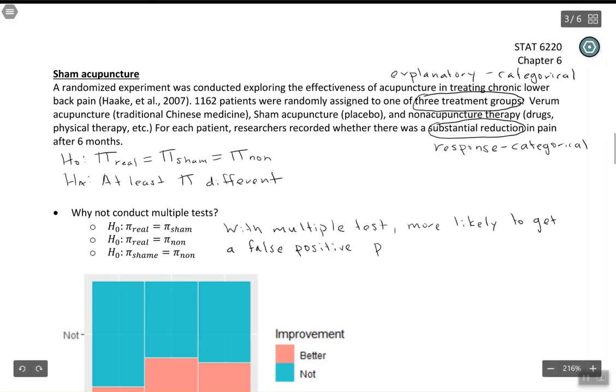Right? But if you do multiple tests and you think of the probability of getting at least one type 1 error, it starts to blow up on you, right? The probability that you make at least one false positive is actually going to be higher than alpha. So what we want to do is we want to do one test, test everything at once, and that's going to keep our type 1 error rate under control.